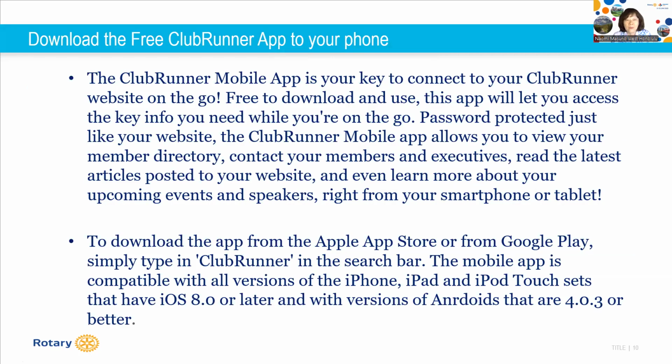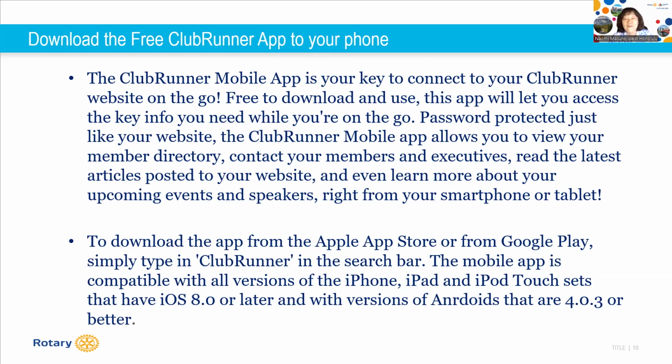We also have an app. So Club Runner has a free app for your phone. I would highly recommend putting this on your phone because then at your fingertips you can get people's phone numbers. It says when they join, who their spouse, their partner is, what their address is, and lots of information. And your phone will even dial the phone number that's on the system for you if your phone can do that.